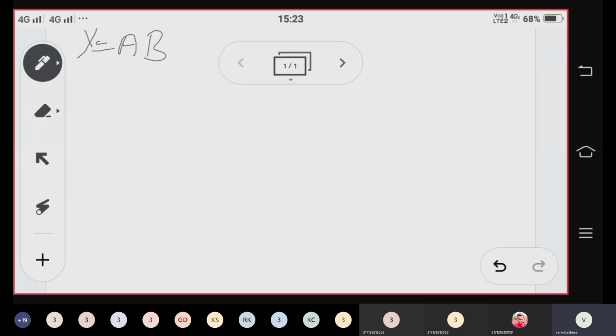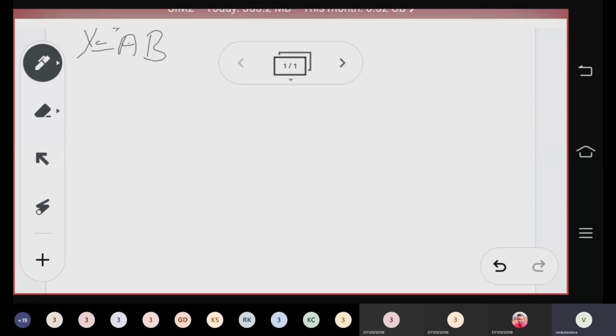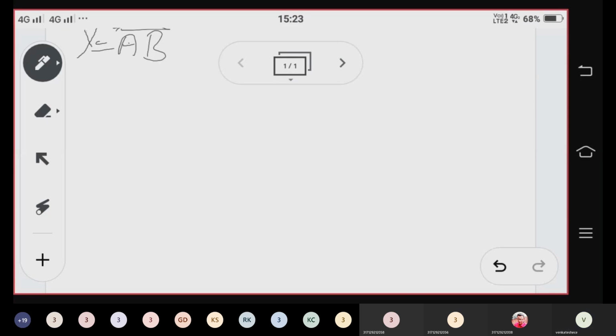So AB bar means how many transistors are required in a pull-up circuit? 2, sir. Yes, we have two inputs, so it requires 2 transistors in a pull-up network as well as 2 transistors in a pull-down network. Now the equation consists of a product or sum? Product, sir.